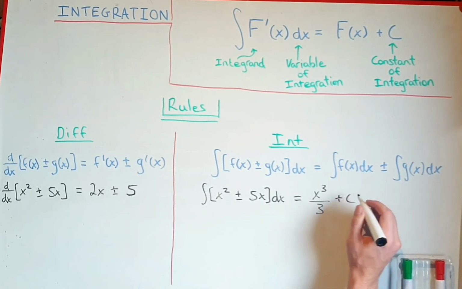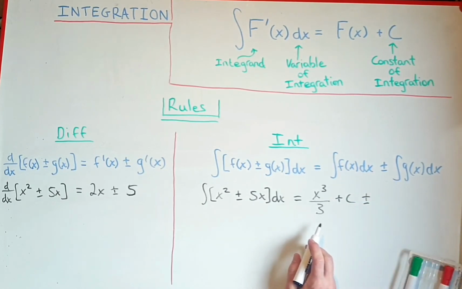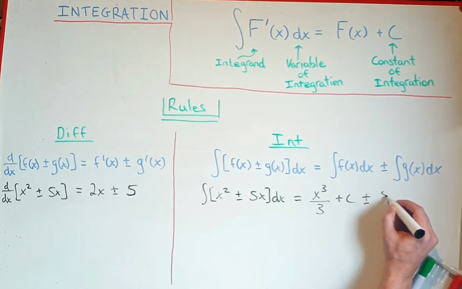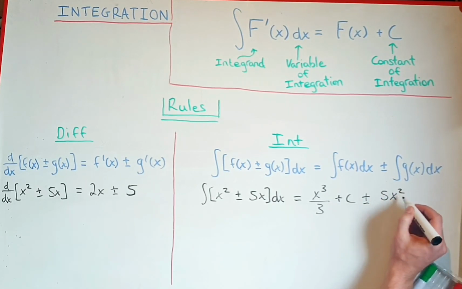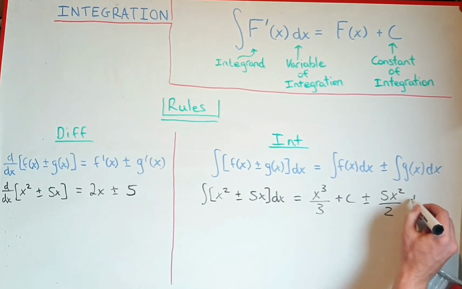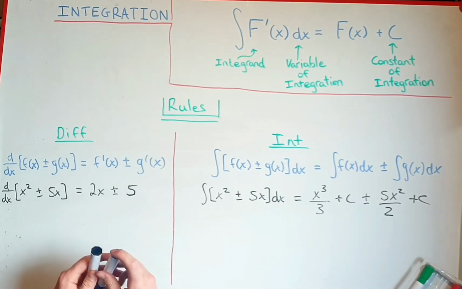Explicitly you can have the plus c here, and then you have the plus or minus the second function integrated. So this 5x is going to change to 5x squared over 2, because we're dividing by the new power, and we have our constant of integration. So yeah, they're the three rules that you'll encounter when starting off integration.